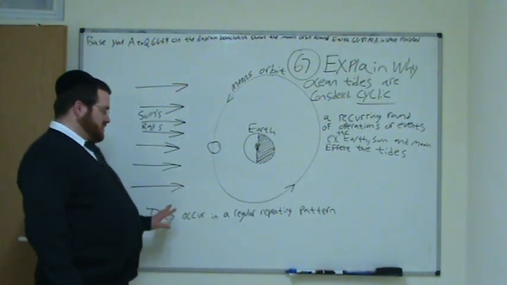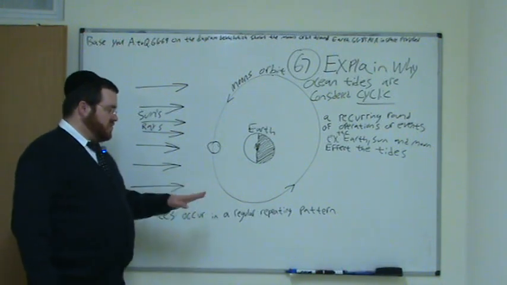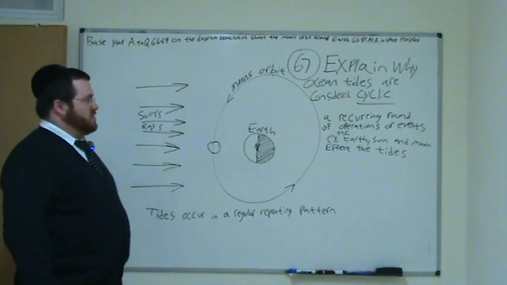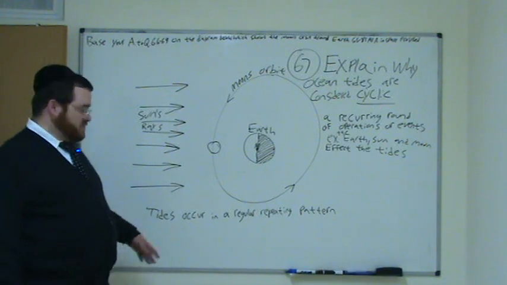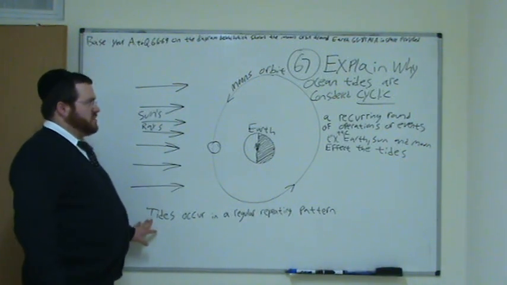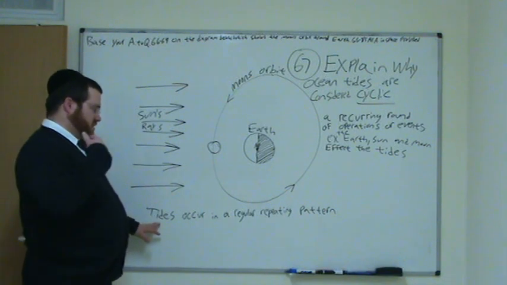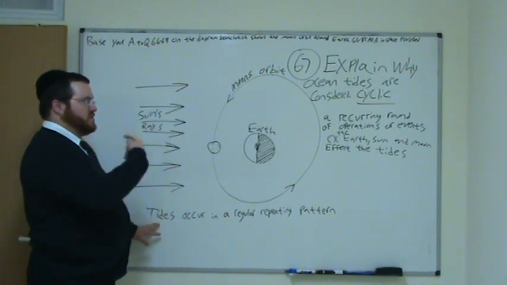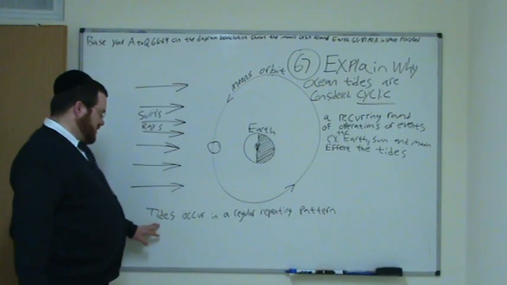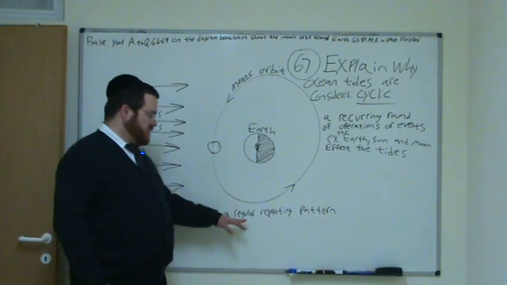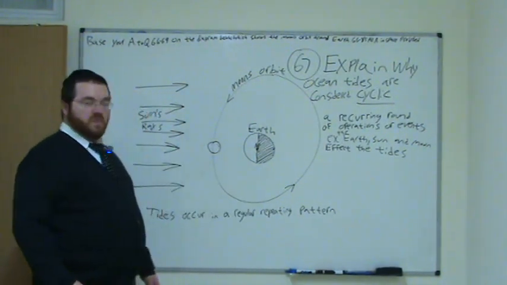Now, one answer is tides occur in a regular repeating pattern. So that's called cyclic. So all you have to write for question 67, explain why ocean tides are cyclic. Cyclic means it's a repeating pattern, right? Cyclic is a recurring round of operations or events. So tides occur in a regular repeating pattern.